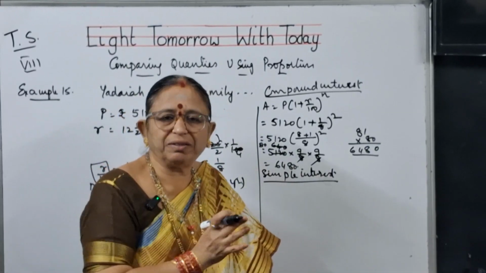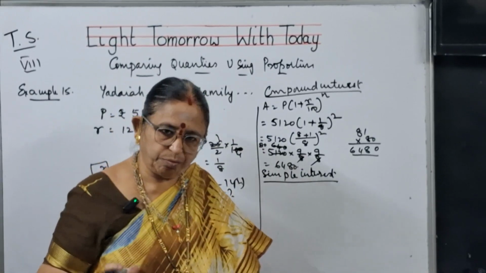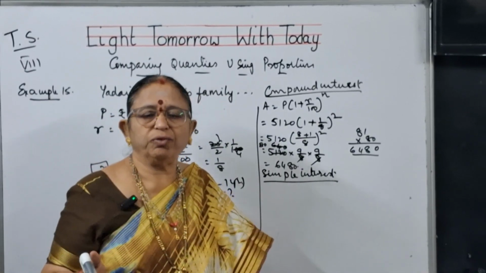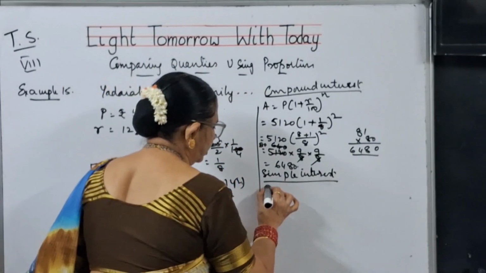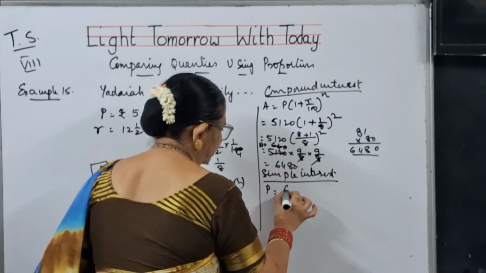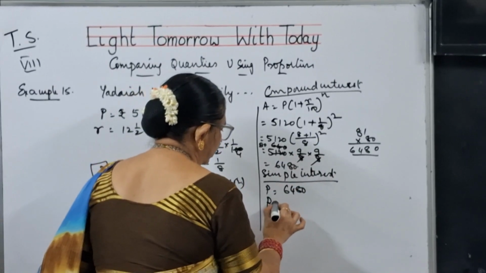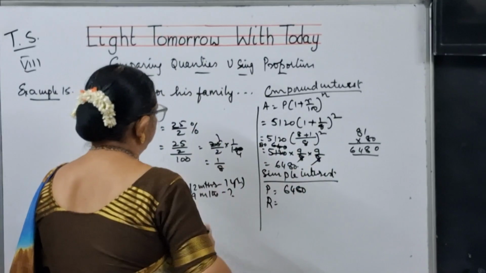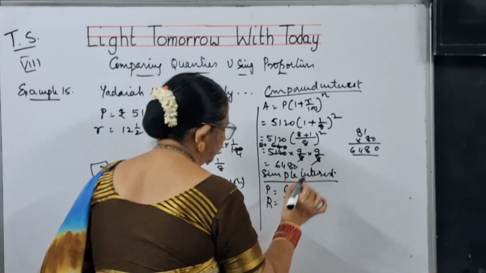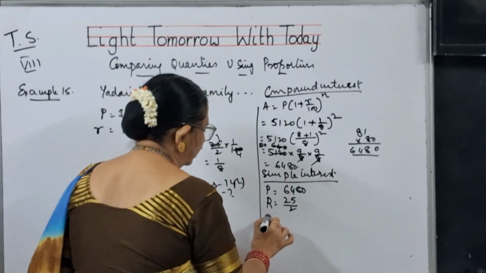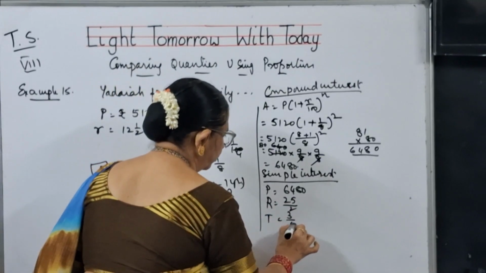But 9 months means the year is not completed. So you cannot calculate it under compound interest. So you have to go for simple interest. So when you go for simple interest, P becomes 6480 and R, capital R, again 25 by 2. Then time, 9 months means 3 by 4.